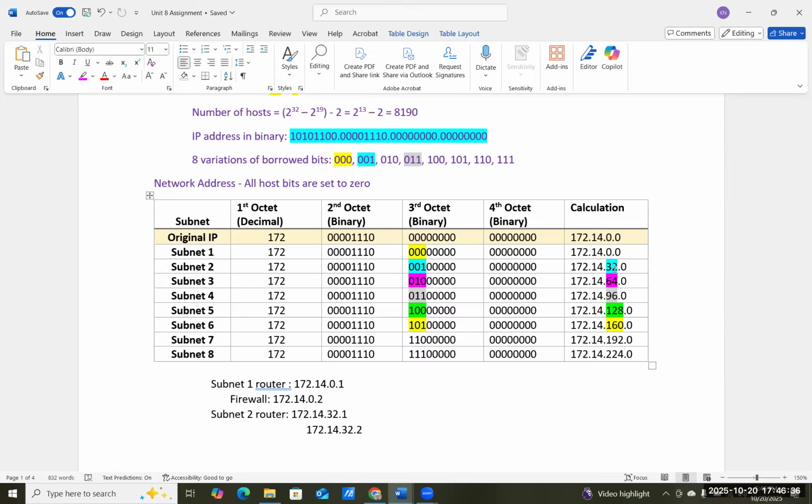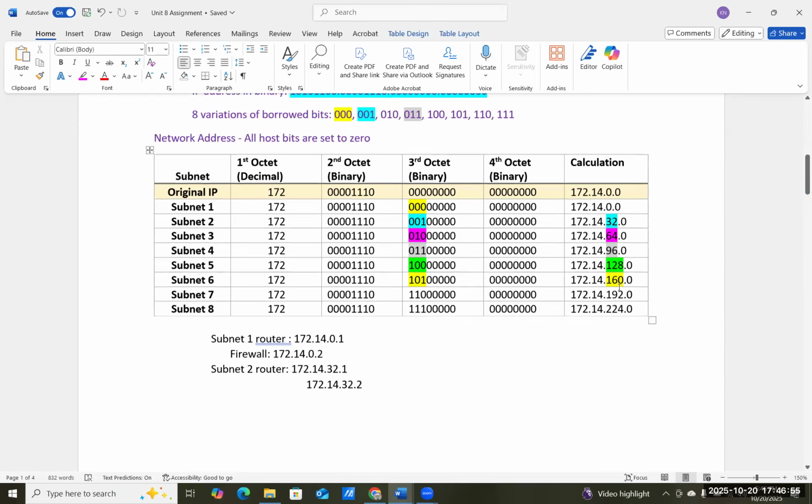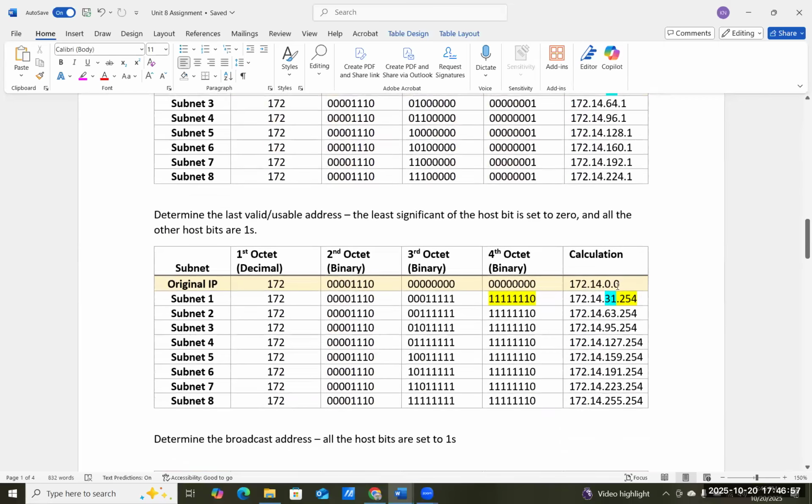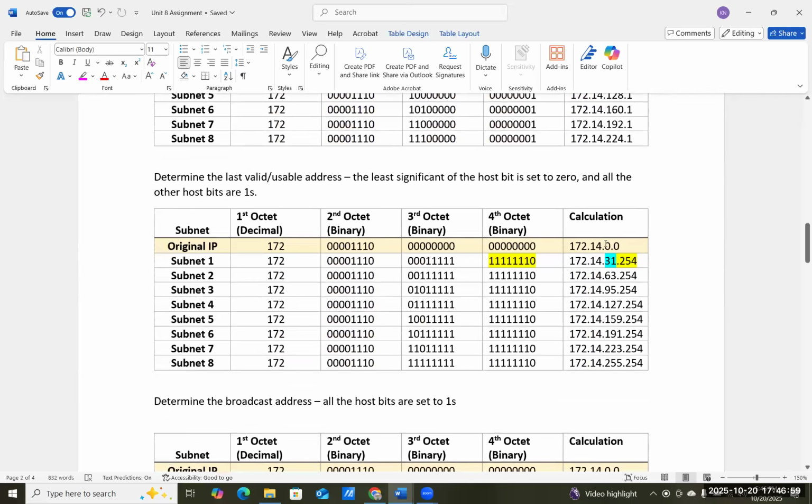So this is what we calculated at the beginning. I can go from 0 to 31. That's the first subnet. And then 32 becomes the next subnet, 2. This is what we set up earlier. So when I get here, I'm going to go from 0 to 31.